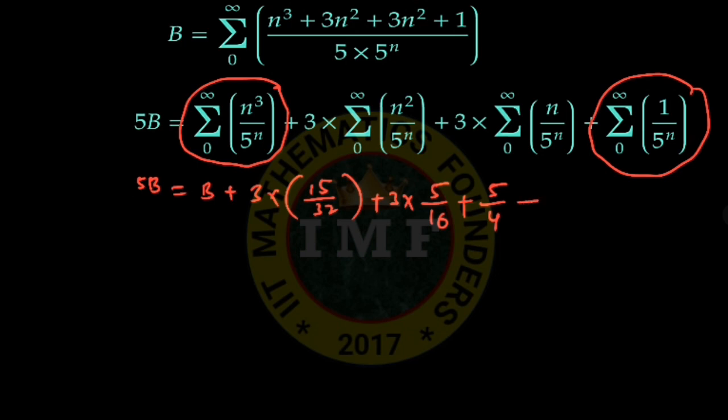From this you can generate the value of capital B. Capital B value you will get as 115 by 128. Okay, so this is the B value we got.